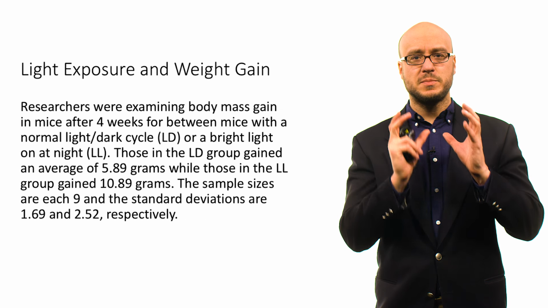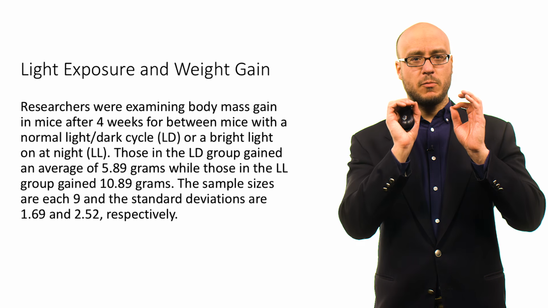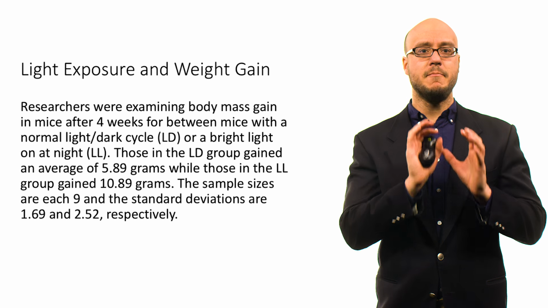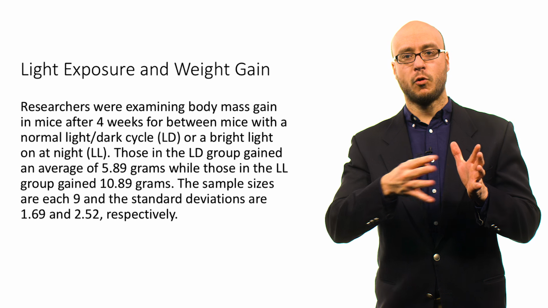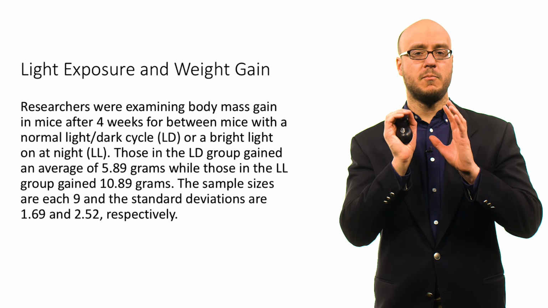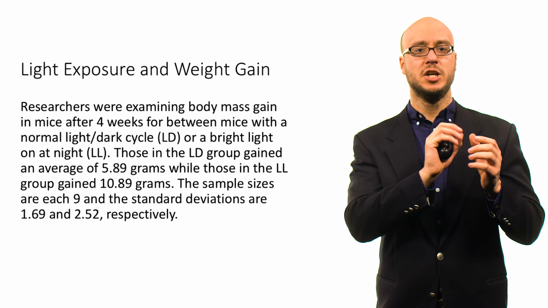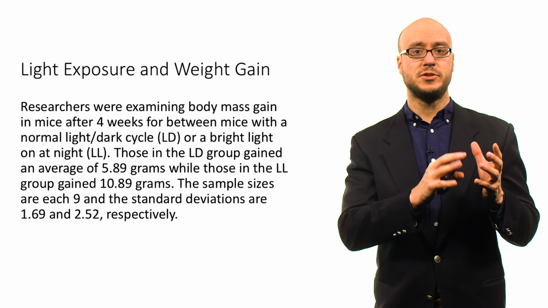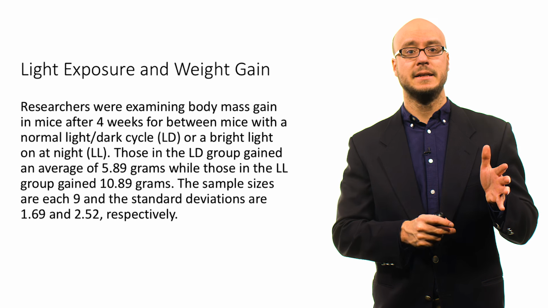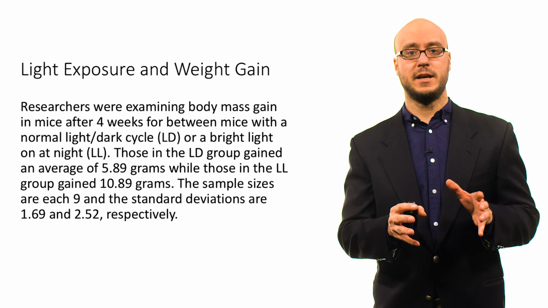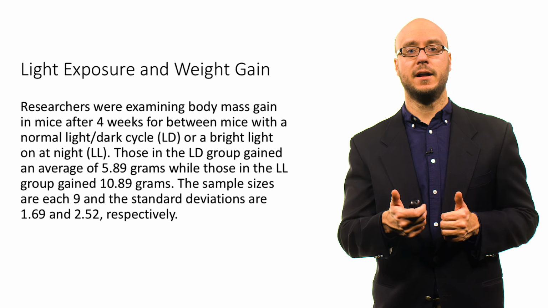What they wanted to examine specifically was body mass gain in mice after 4 weeks, for mice who are exposed to a normal cycle of light and dark as compared to a set of mice who are exposed to bright light at night. We're going to label these two groups LD and LL.